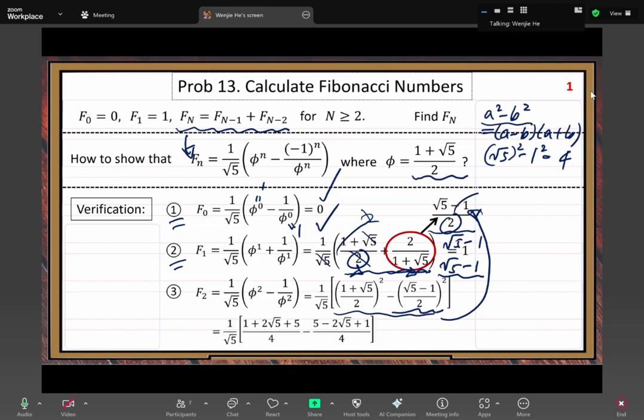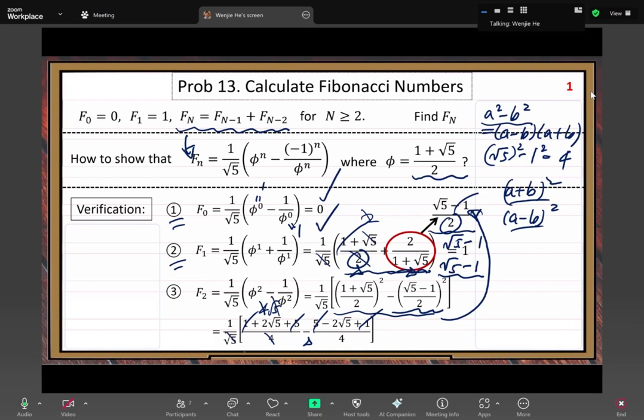So we can do expansion. We can apply the formula, a plus b squared, a minus b, to do expansions. But after we expand them, you can see this 5 and the 5 cancel out. 1 and a 1 cancel out because of the negative sign here. 2 root 5 minus negative 2 root 5, you have 4 root 5, right? 4 root 5, 4 and 4 cancel out.